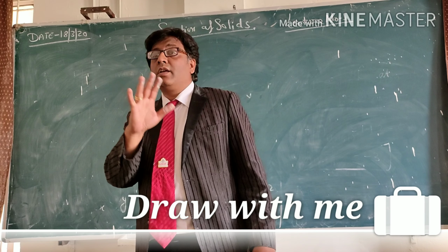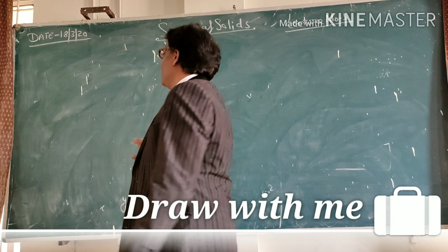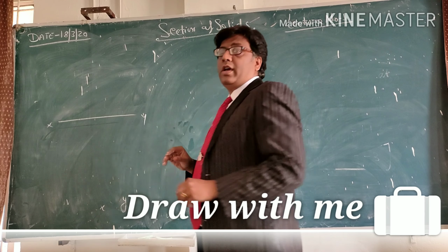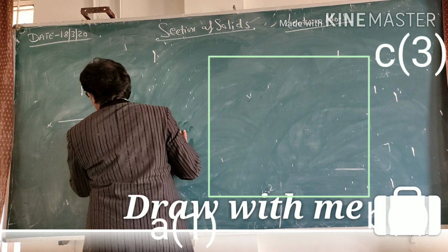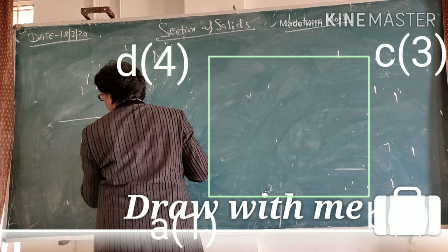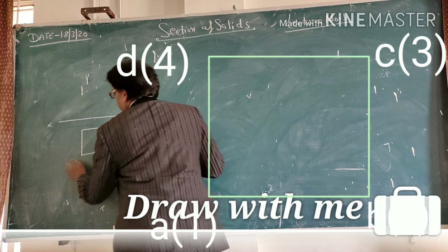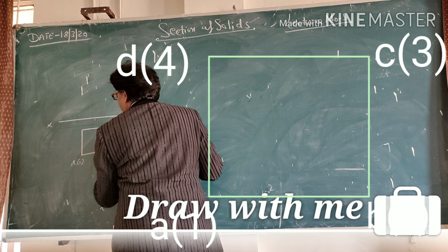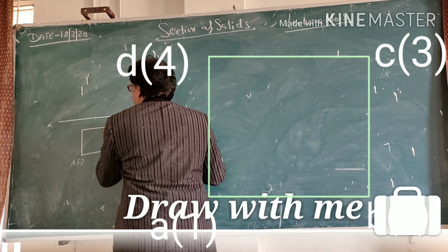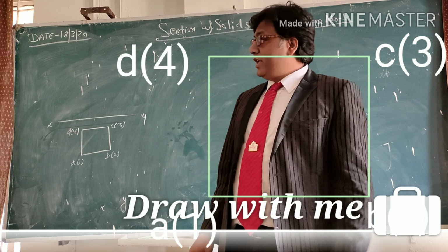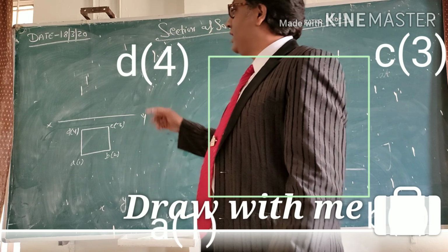So just draw that condition for the square prism. This is the XY line, and in the top view we are able to see the square only. Here we can give the naming A1, B2, D3 and C3 and D4.